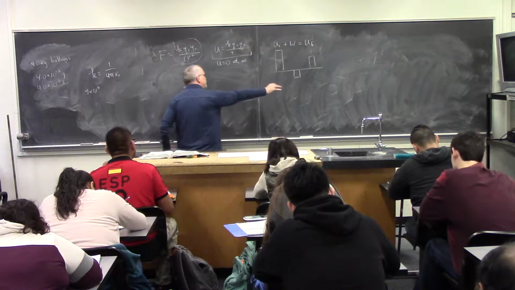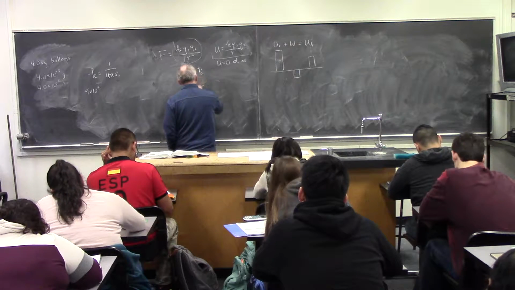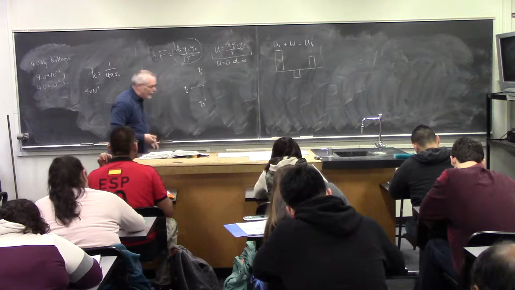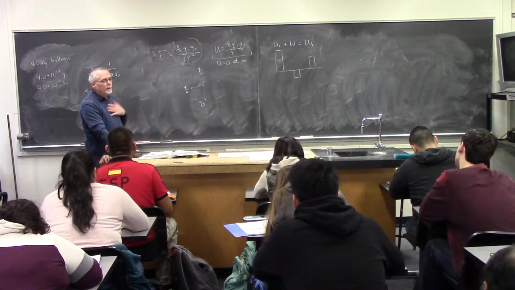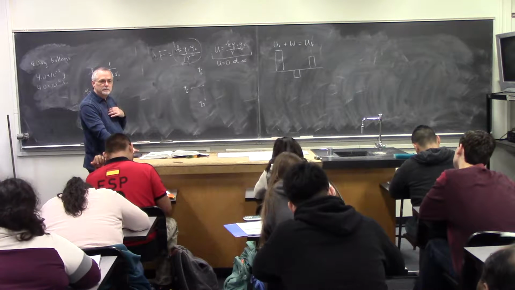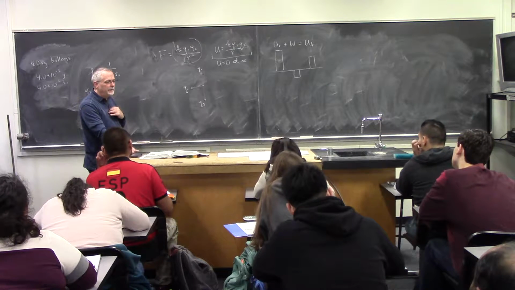And I take another charge and I bring it and put it in this location right here. Okay, and they ask me, what's the total potential energy of the system? How do I do that?